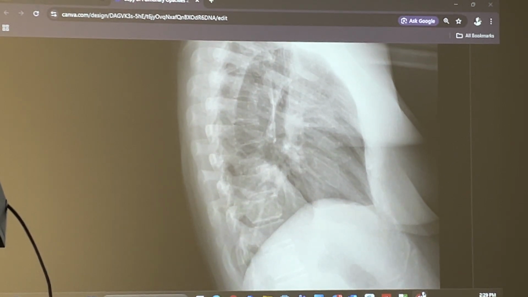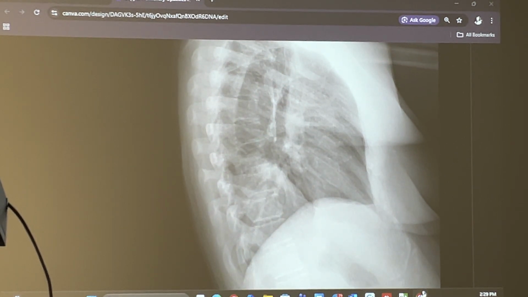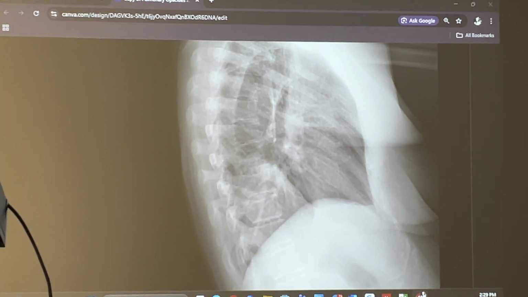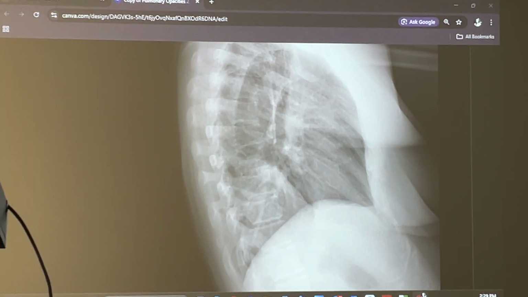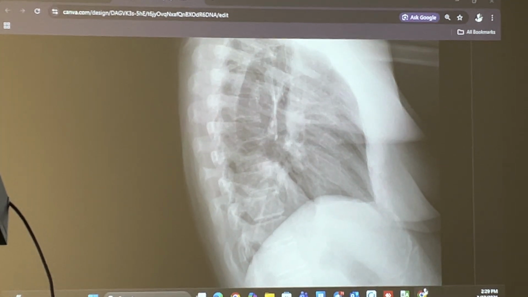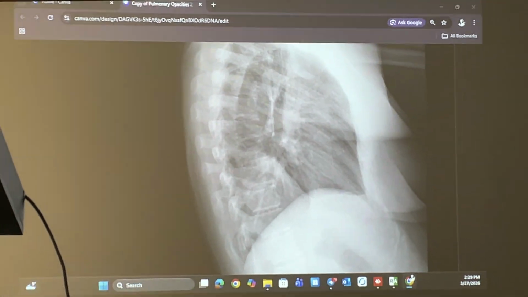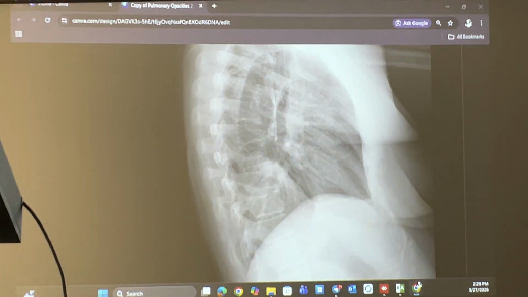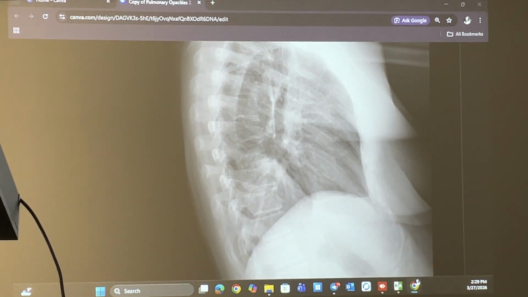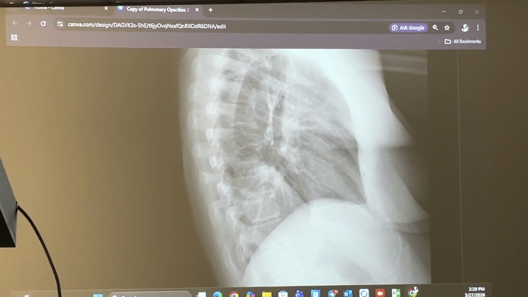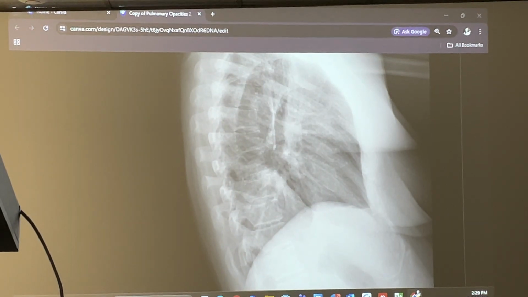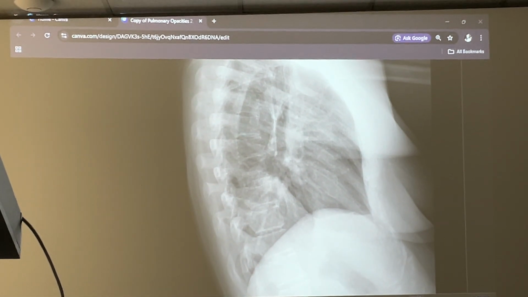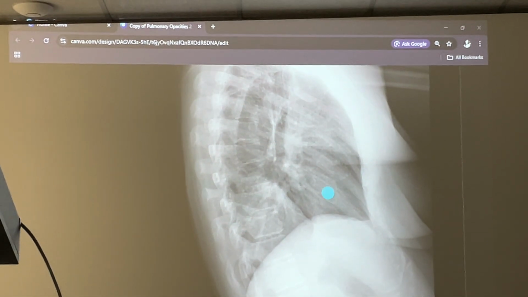What can you see? Where is the consolidation? You already figured out that it is in the lower lobe. So where is the consolidation? It is near the vertebrae.